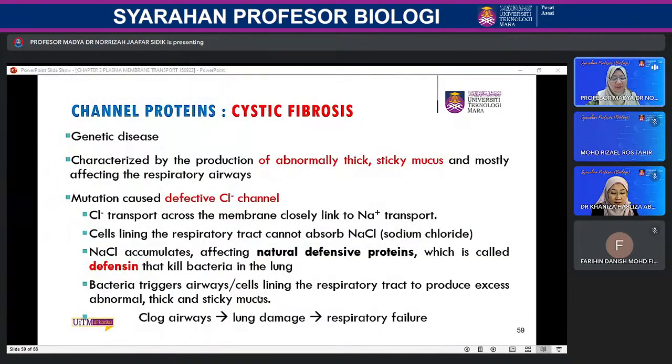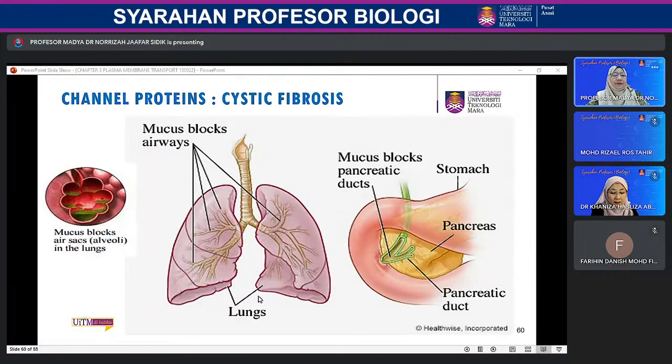All right, so we are still on the channel proteins. We look at an example of a disease which involves the channel proteins. One of the diseases is cystic fibrosis. It is a genetic disease characterized by the production of abnormal thick sticky mucus.